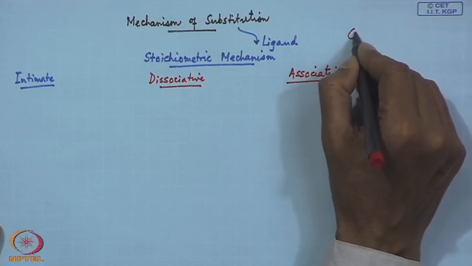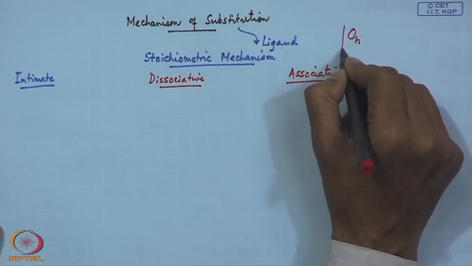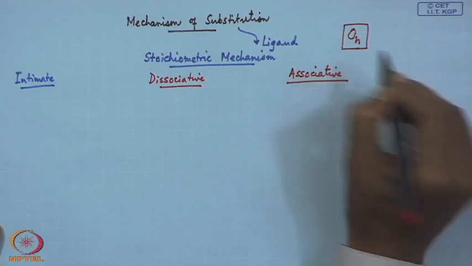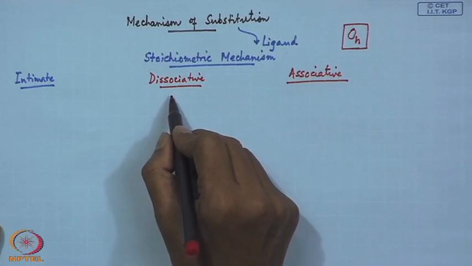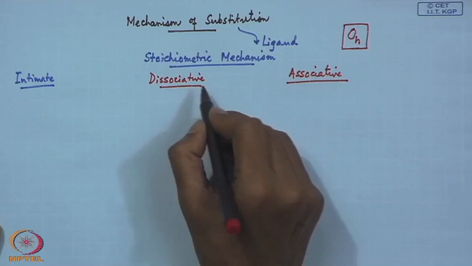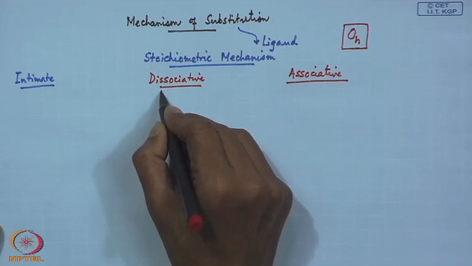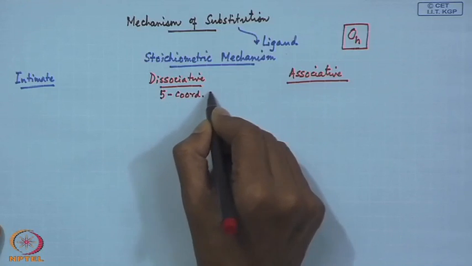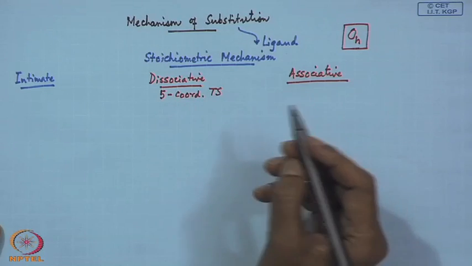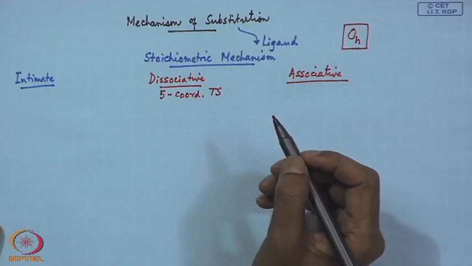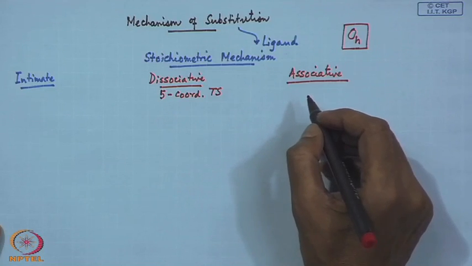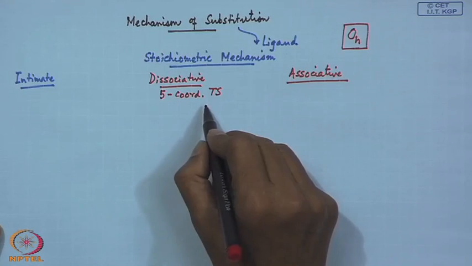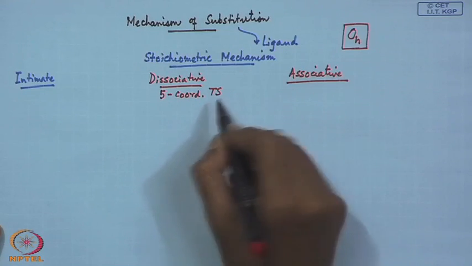So, if we are talking about the corresponding octahedral complex, if one ligand is going away, in the transition state we have a 5 coordinated system with respect to the reactant. So, the transition state can give rise to a 5 coordinated system.